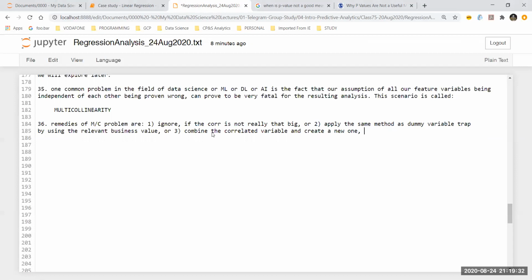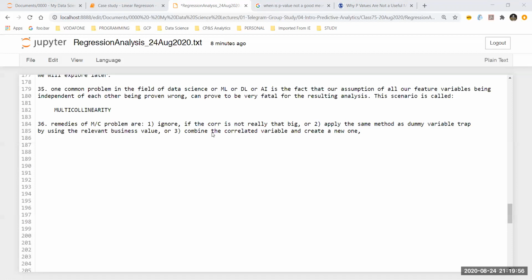In this example, age and years of experience are interrelated. So I create a new variable called seniority. I create a mathematical function basis my understanding of age and years of experience. The combination of these two is creating a third variable, which is the seniority score.